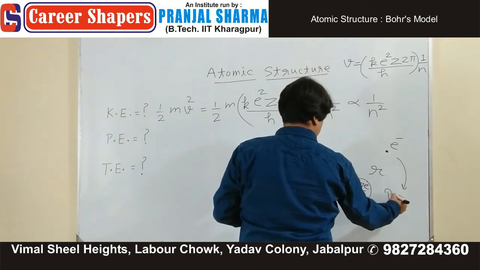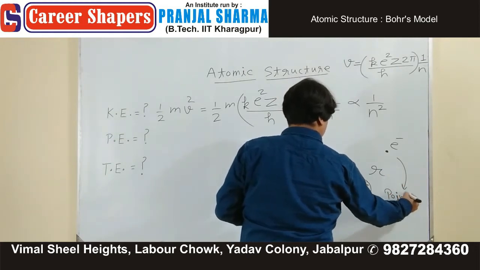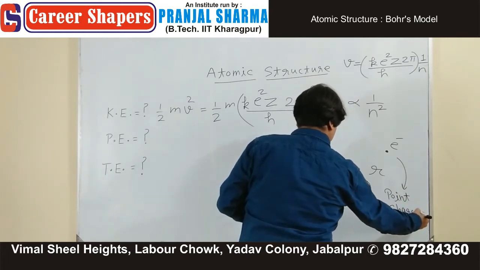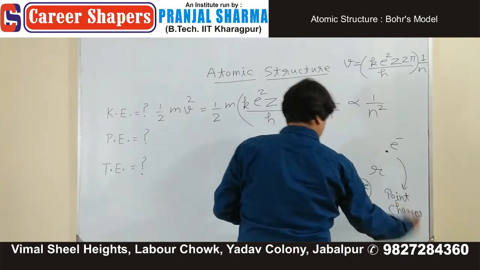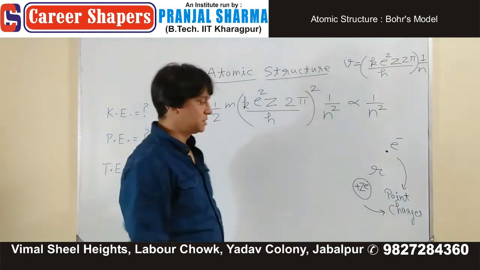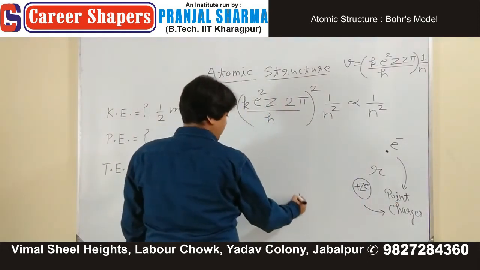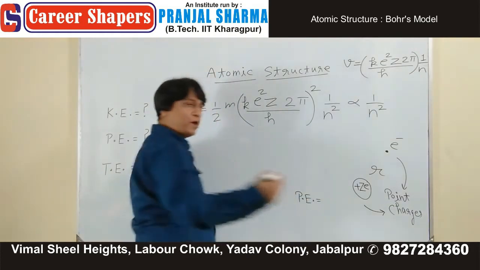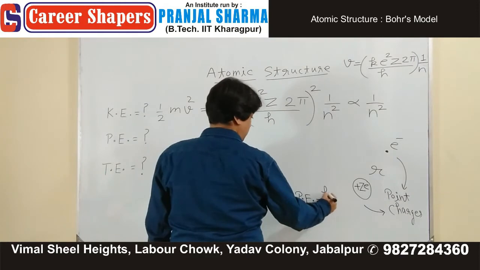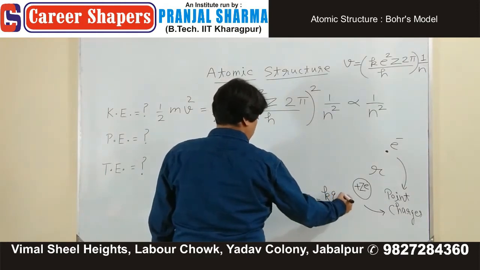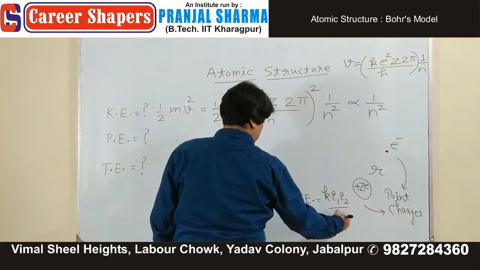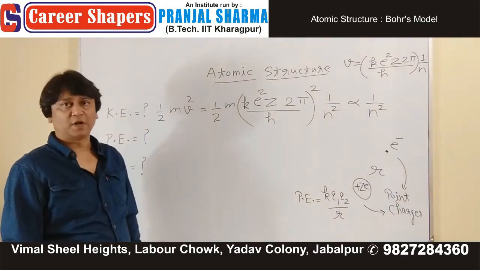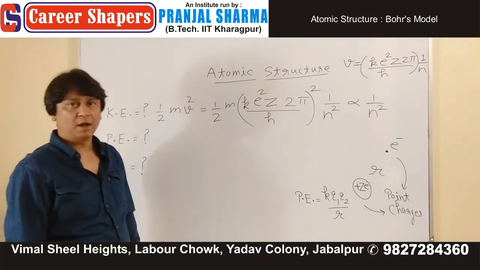And if these are point charges, then potential energy of 2 point charges is given by K Q1 Q2 divided by R. This is the formula for potential energy, K Q1 Q2 divided by R.